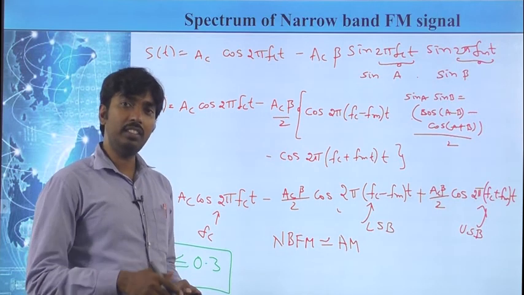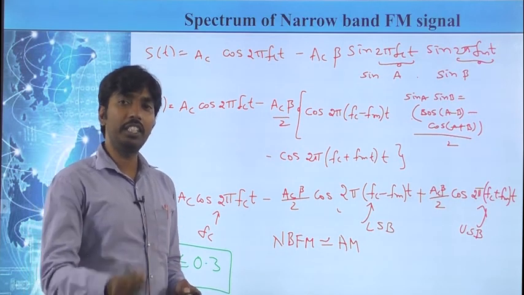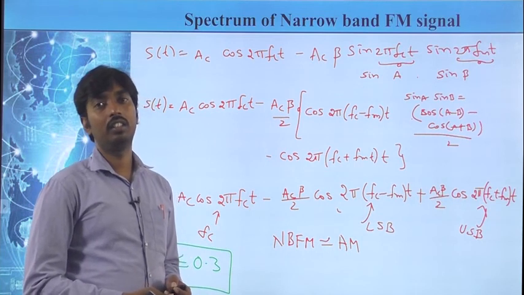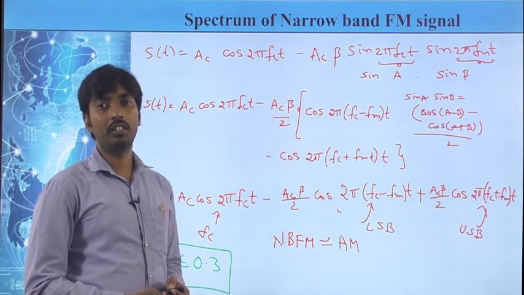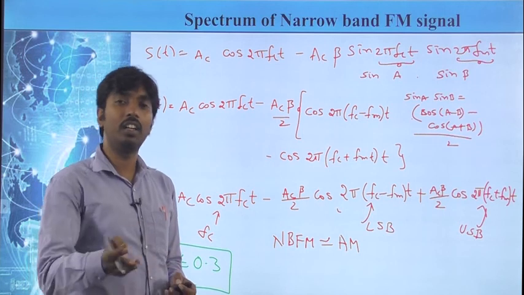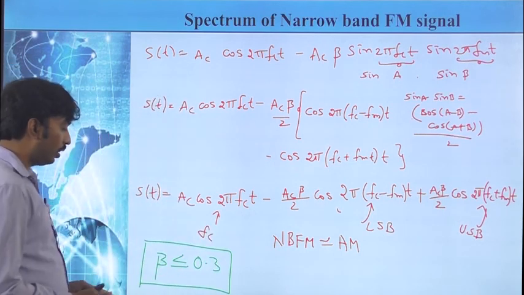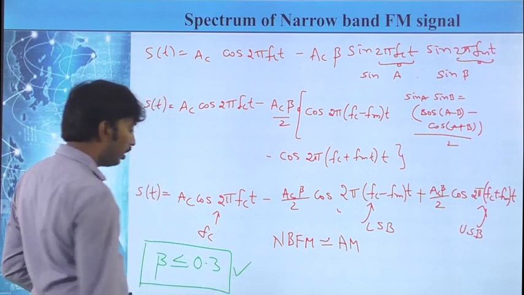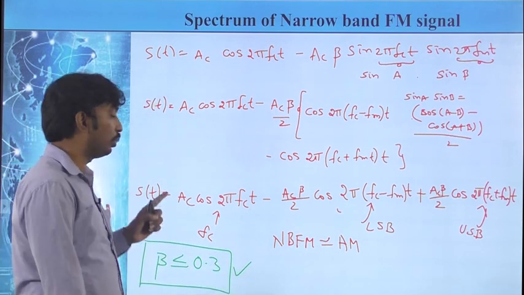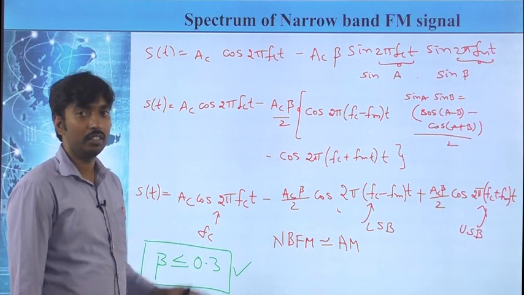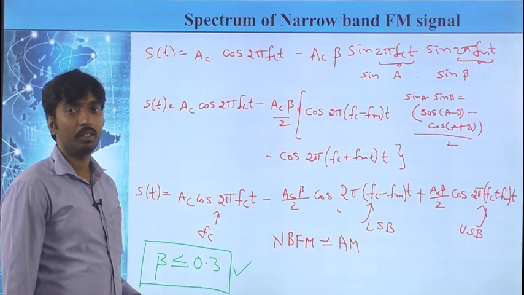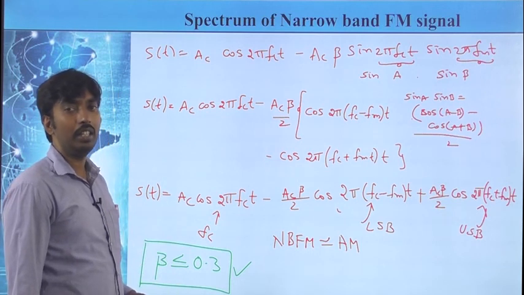The second one is harmonic distortions, third and higher order, that we can observe. I can eliminate those two problems by maintaining the modulation index value small, and I can avoid such disadvantages. Okay, thank you.